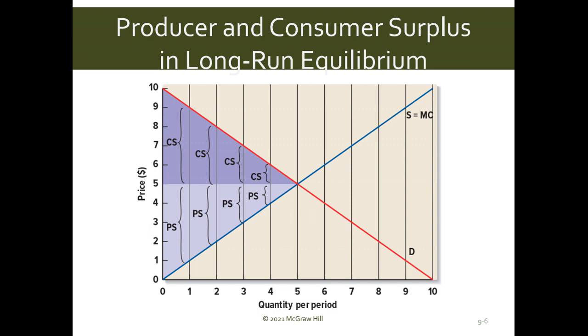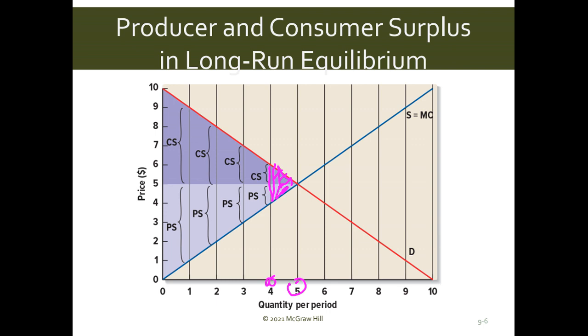But suppose the output is at 4, if the industry produces at 4, then you see this small triangle is gone. So both consumer surplus and producer surplus will decrease, and the total surplus will also be lower than what it was at 5 units. So at 5 units, the total surplus is maximized.